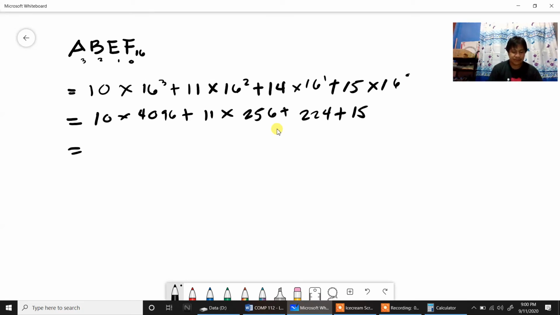So equal to 40,960. Okay, plus 11 times 256 is equal to 2816. Okay, so plus 224 plus 15, which is 239.